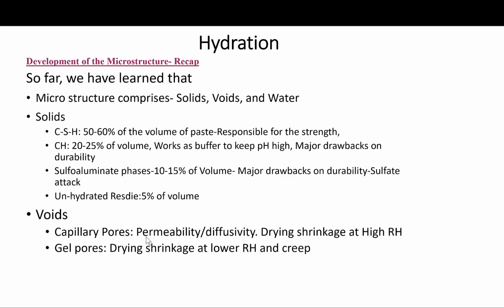Calcium hydroxide, 20 to 25% of the volume, works as a buffer to keep pH high. It has major drawbacks in durability, carbonation, and acid attacks. The sulfoaluminate phases, 10 to 15% of the volume; the major drawback is durability against sulfate attack. And we have the unhydrated cement residue, about 5% of the volume.